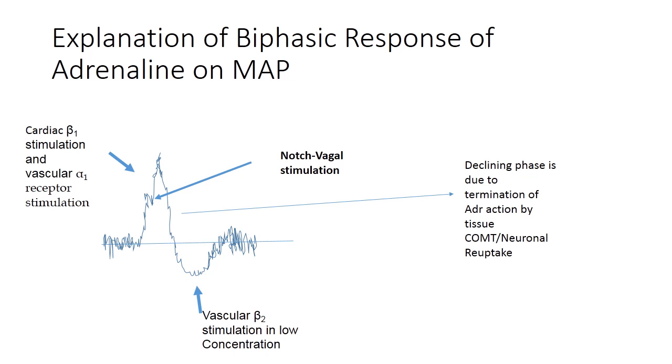After some time, when maximum rise has occurred, the action of adrenaline is dissipated by enzyme degradation in the tissues and neuronal uptake, and therefore it goes on falling. The response is declining. However, at low concentration, adrenaline is able to stimulate vascular beta 2 receptors, and therefore there is a fall in the blood pressure below normal. So adrenaline gives two types of responses: vasopressor followed by vasodepressor response.